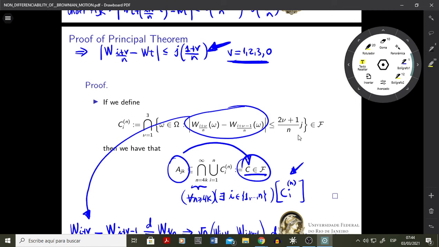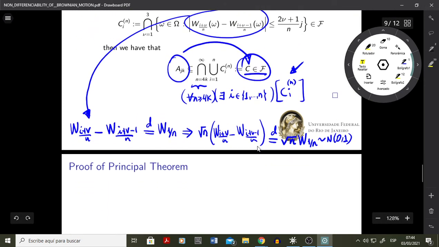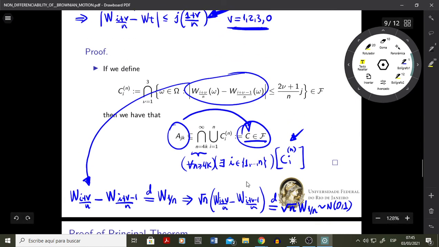I think that choice is done on purpose, in order to have a bound for the probability of C, a bound that tends to 0. Yes, of course. That's the reason, it's on purpose.